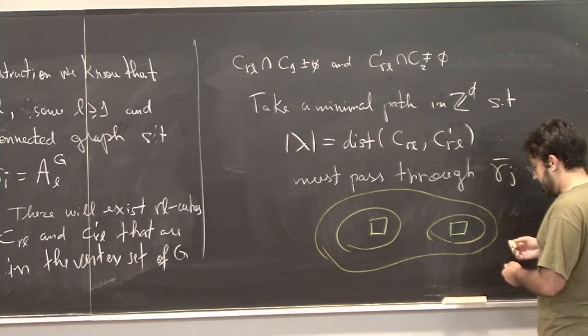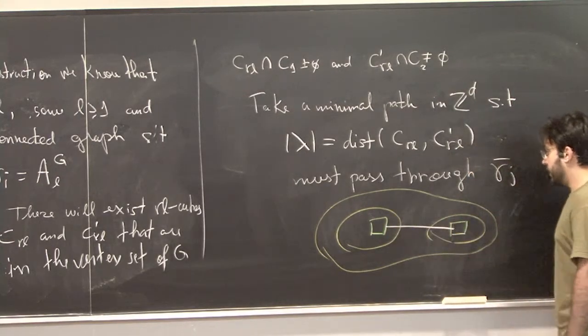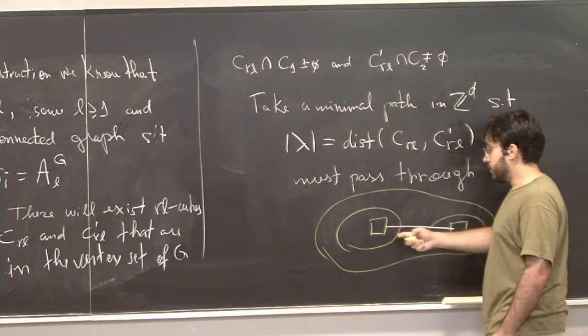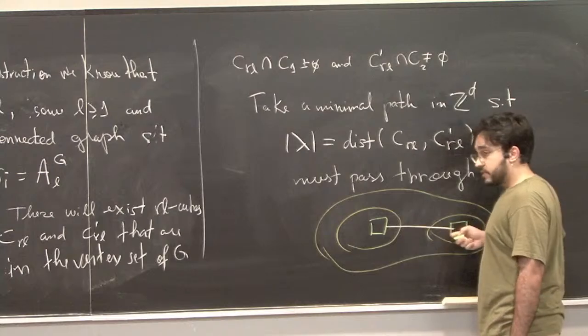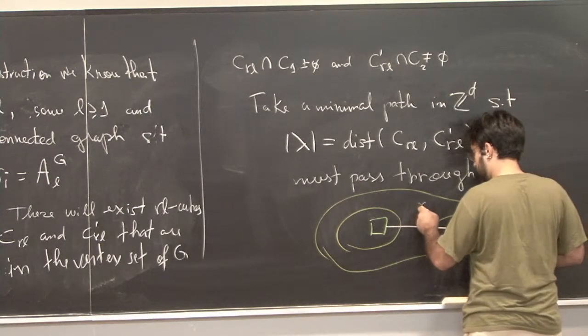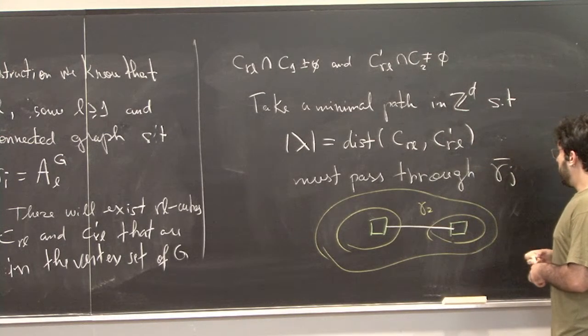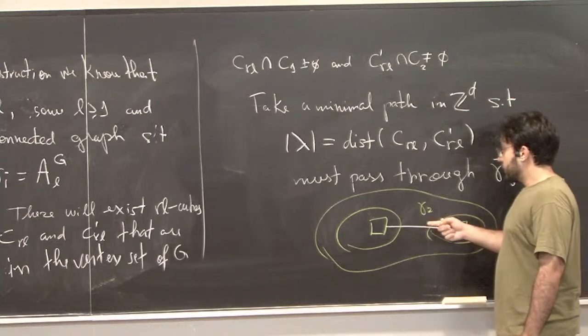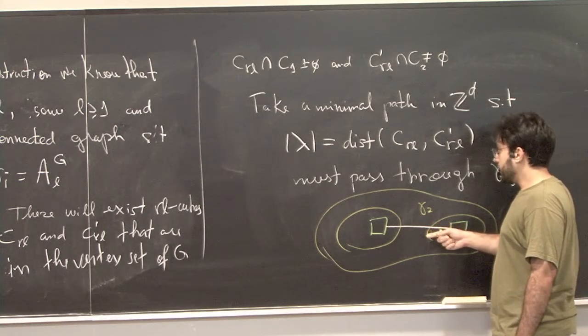So the minimal path connecting both of these sets, since they are living in different connected components of the complement, must pass inside gamma J.